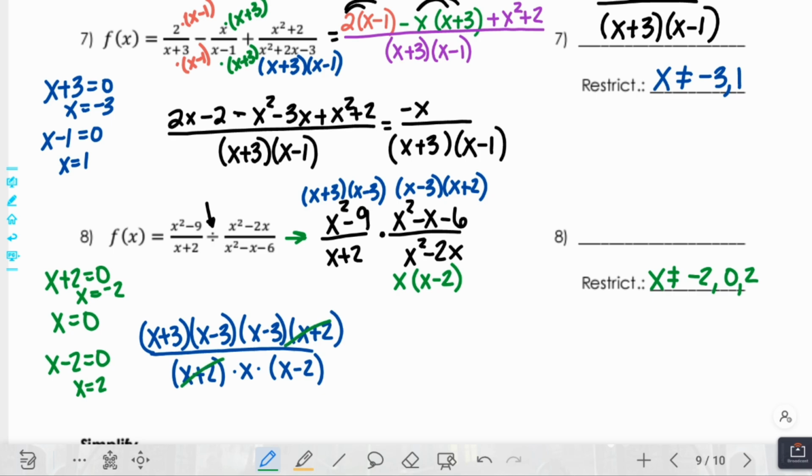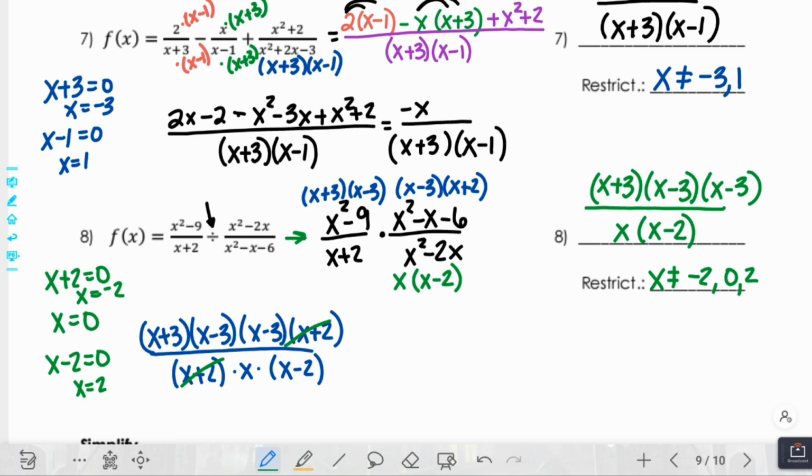So your final answer is going to be x plus 3 times x minus 3 times x minus 3 all over x times x minus 2. Now we had one similar to this on one of our homework assignments.